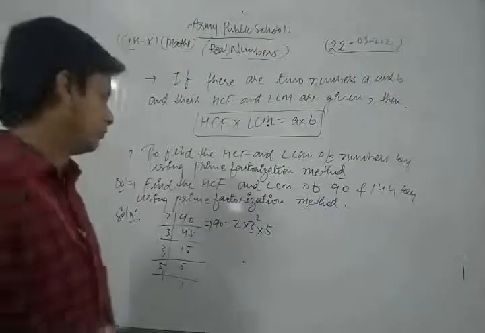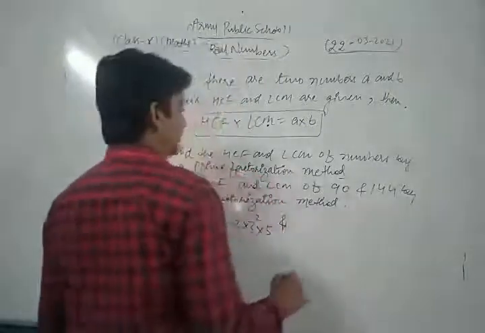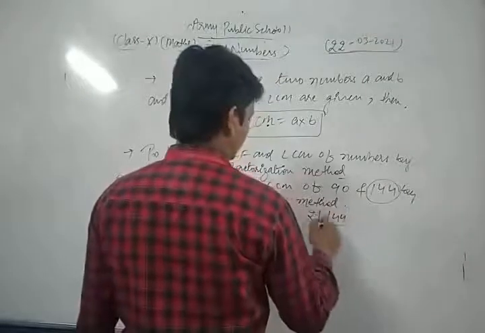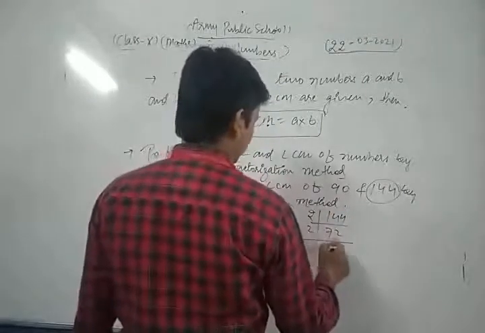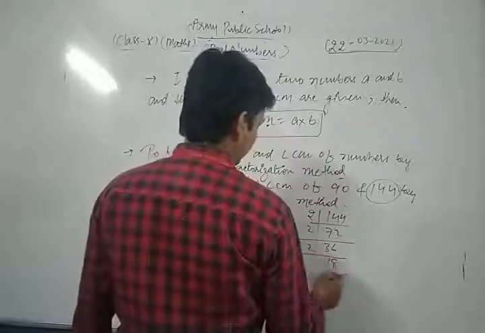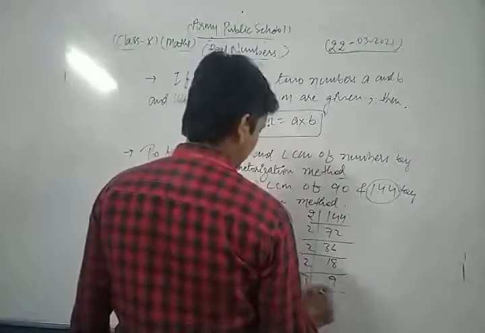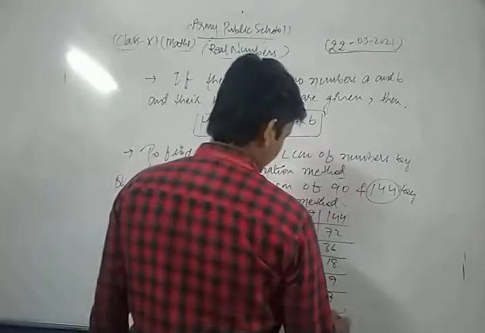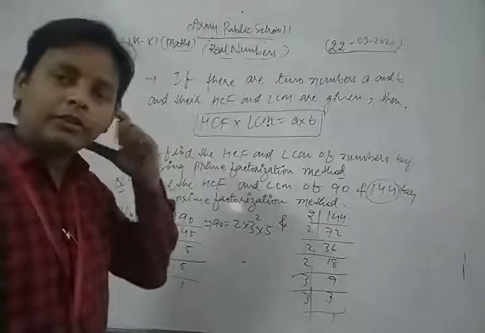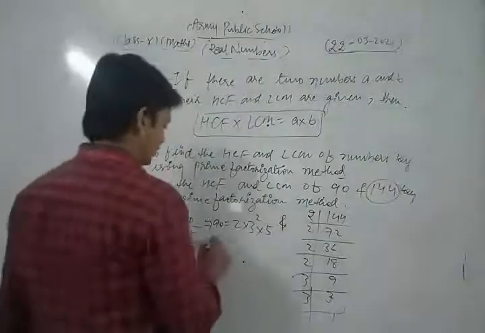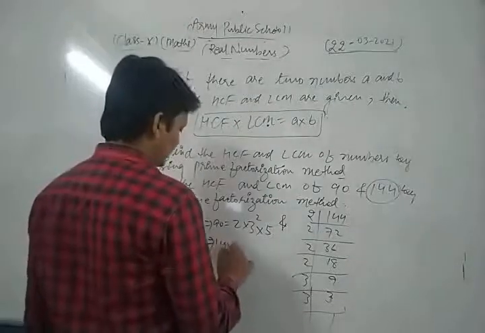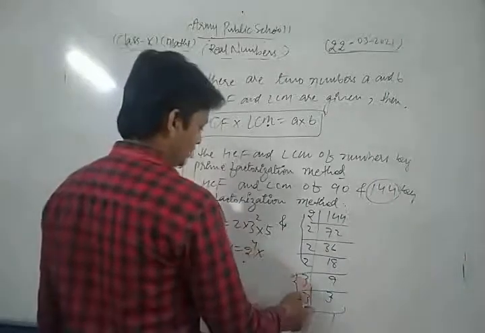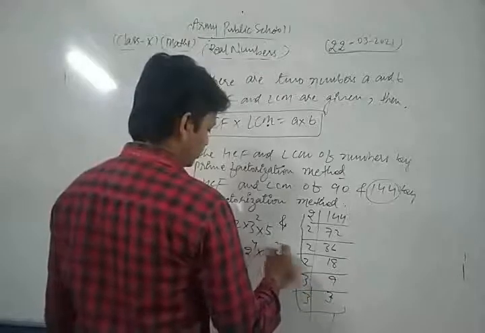Dear students, now we also do the prime factorization of 144. Let's see, 144 is 2 into 72, then 36, then 18, then 9, now 3 and 3. Thus we find the prime factors of 144: 2 mentioned 4 times, so 2 power 4, into 3 mentioned 2 times, so 3 power 2.